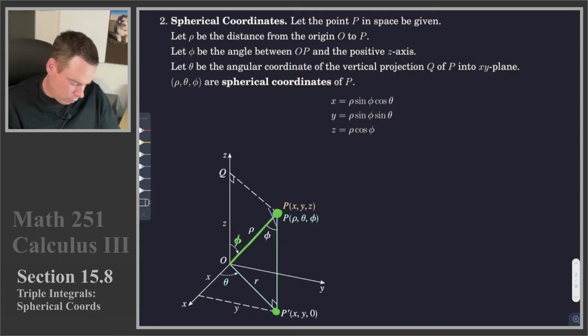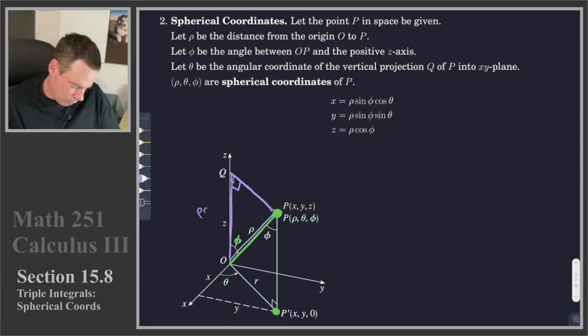Now, how do they relate to our rectangular coordinates? Well, they relate as follows. Let's look at this triangle first, this right triangle, OP and then the Q triangle. This is a right triangle as indicated by that little right angle at the point Q. Since this is a right triangle and I know the hypotenuse, its value rho, and I have this angle between the hypotenuse and one of the sides, which is phi, then I can work out the values of these other sides.